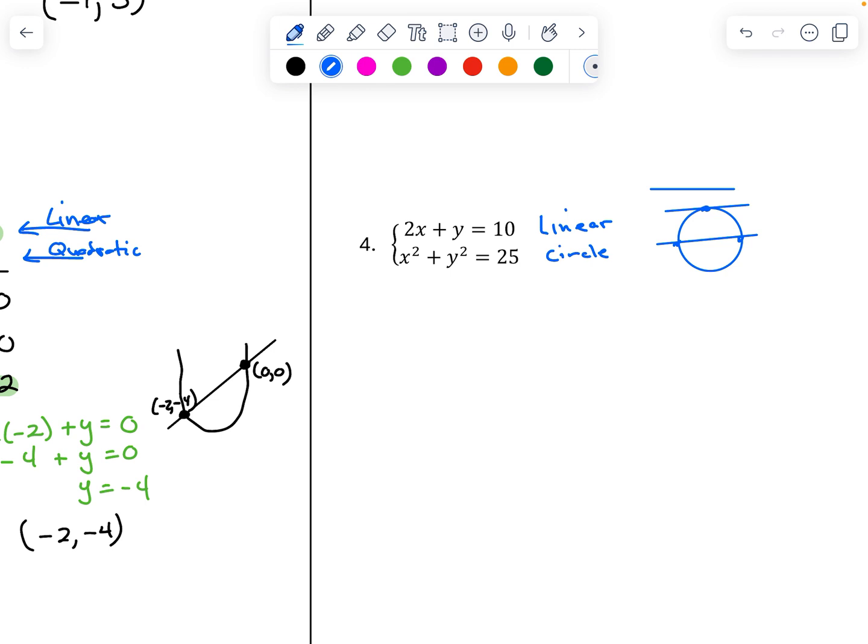But if you add these, nothing will cancel because one equation has all second powers and one equation does not. So I'm going to take the first equation and solve for y. So the very first equation would be y equals negative 2x plus 10.